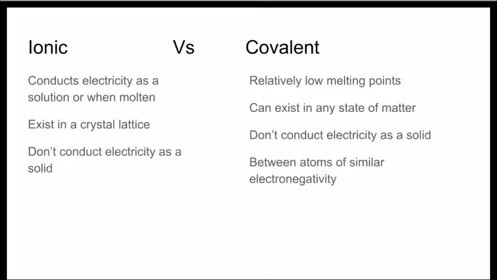Covalent things occur between things that have similar electronegativity, because ionic things happen when one thing is really electronegative, really pulling hard on the electrons, and the other thing is not very electronegative at all. So imagine somebody that you hang out with, you're much stronger than them, and you're supposed to share something with them.